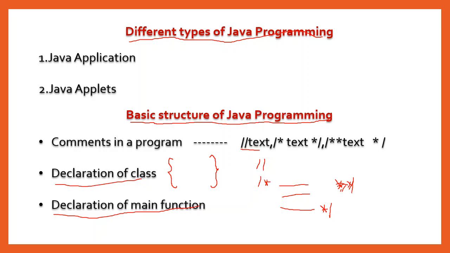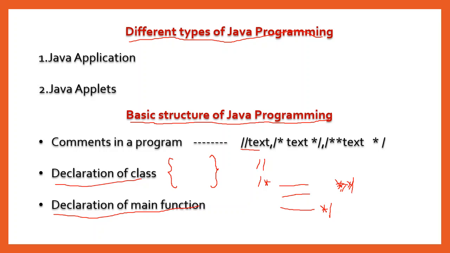The syntax for the main function is public static void main, followed by, in the parenthesis, String args. Then after declaring this main function, again you have to include curly braces, opening curly brace and closing curly brace. Inside this opening and closing curly brace, you have to include the statements of the Java program.